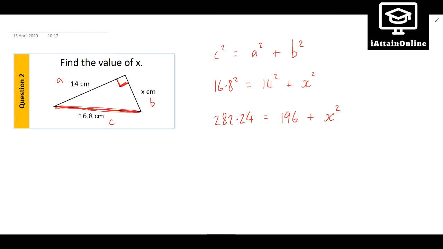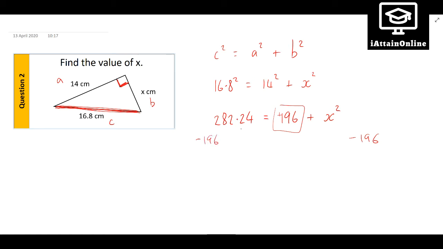So the thing that is stopping me from having just the x squared over on the right hand side of the equation is this 196. So there's an invisible positive there. I want to do the inverse. I want to get rid of that. So to get rid of positive 196, I need to take away 196 from both sides of the equation.